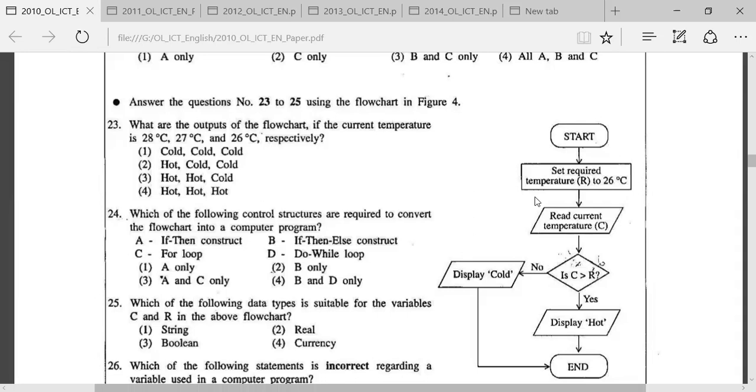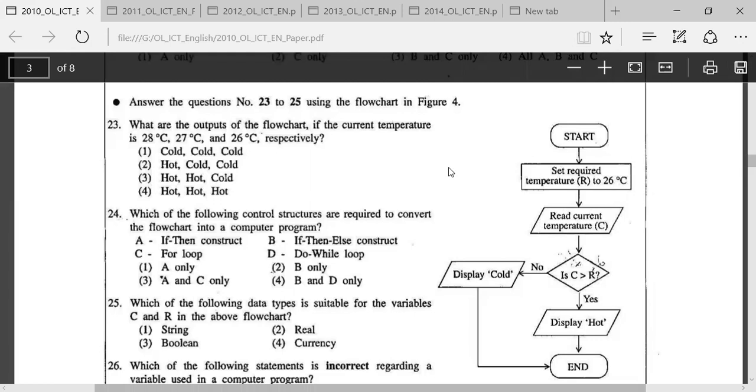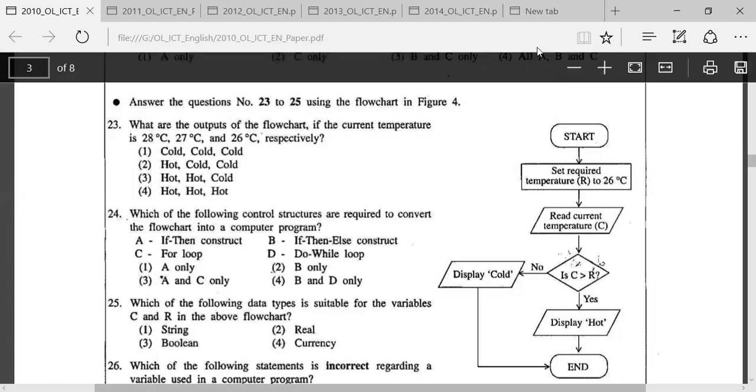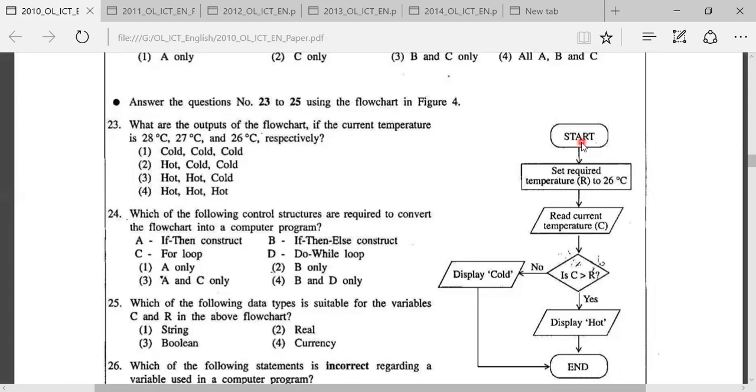Question number 23 is, so before you consider the question, first go through with the flow chart initially. Right. So here there's a start symbol. After starting, set required temperature within bracket R to 26 degrees Celsius. Right.